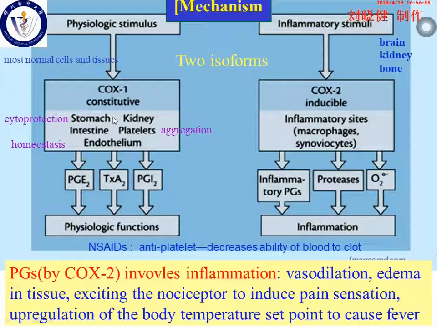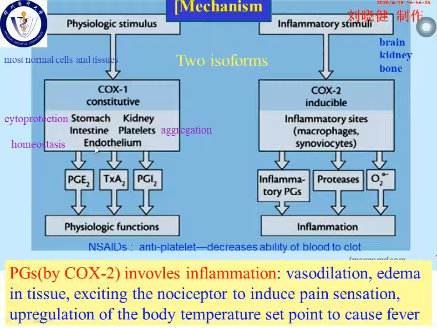So we usually call COX-1 a constitutive enzyme. It regulates normal cellular processes. Like in the stomach and the intestine, it has a significance of cytoprotection.